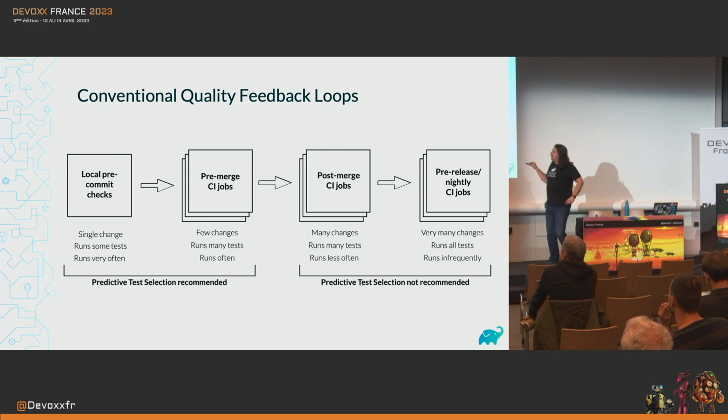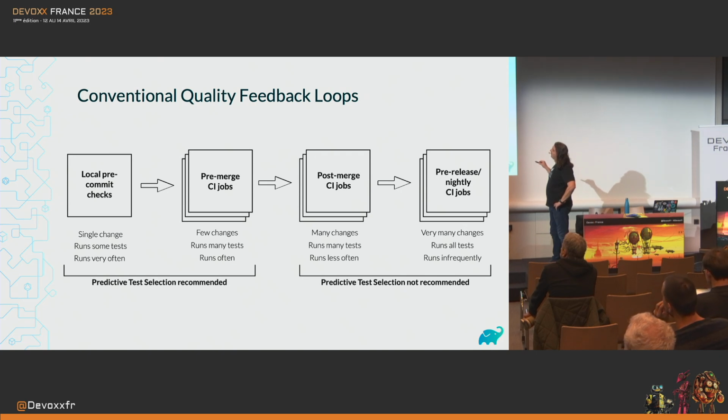In our typical feedback loops, like a single change, run some tests, run pretty often, local pre-commit checks, so just incremental stuff that we're doing on our laptop, or pre-merge CI jobs, so stuff that we're running in the outer loop but before we've actually merged and deployed, this is where we recommend turning on predictive test selection.